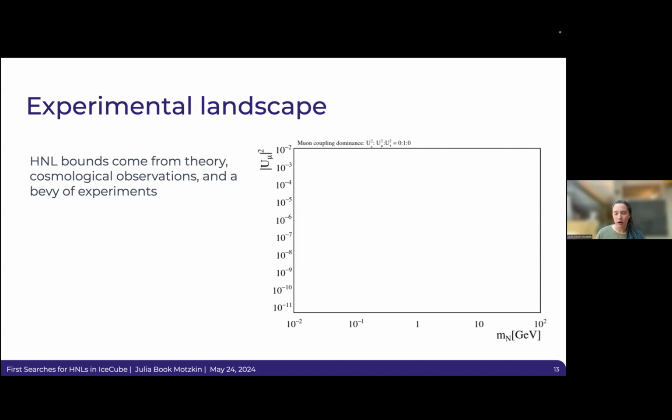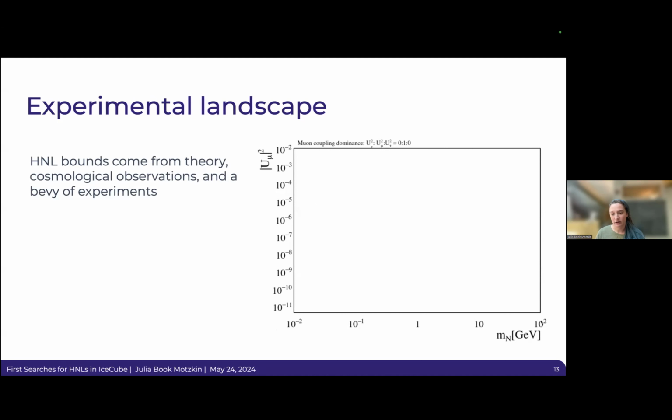And there are pretty strong constraints on HNL existence, and they tend to come from 3 places. So to just outline this plot, if you look at the y-axis, this is the HNL mixing. That's kind of the coupling strength or the interaction strength with an active neutrino flavor. This plot is going to portray its mixing with the muon neutrino.